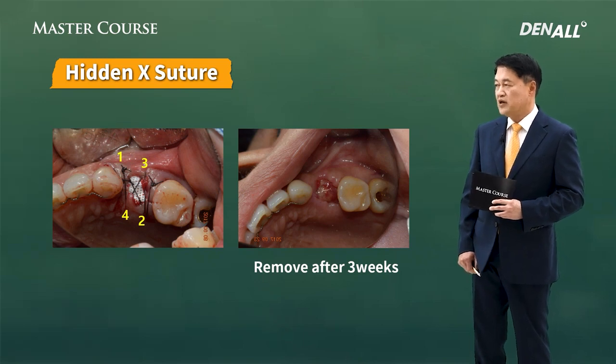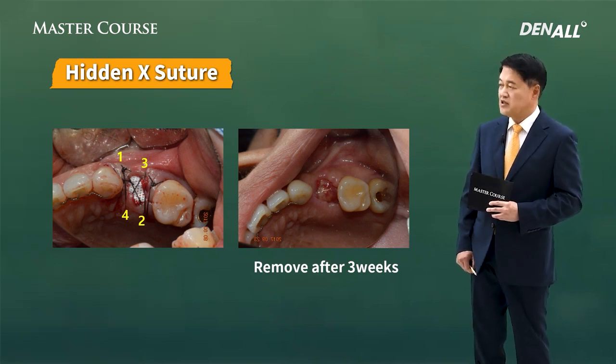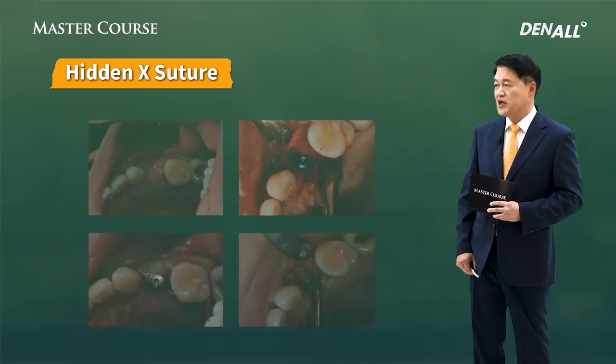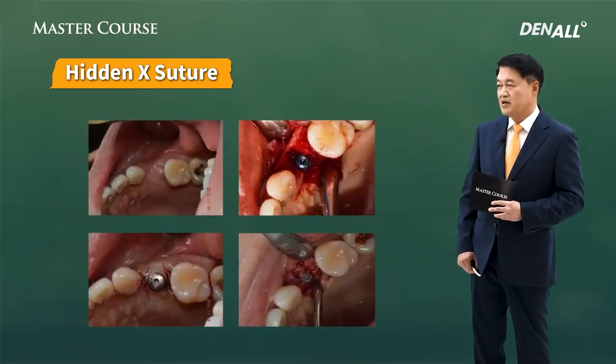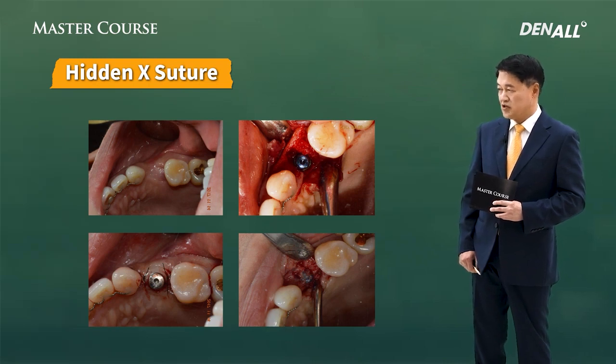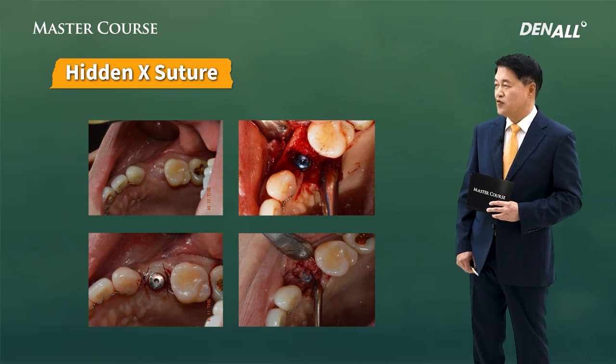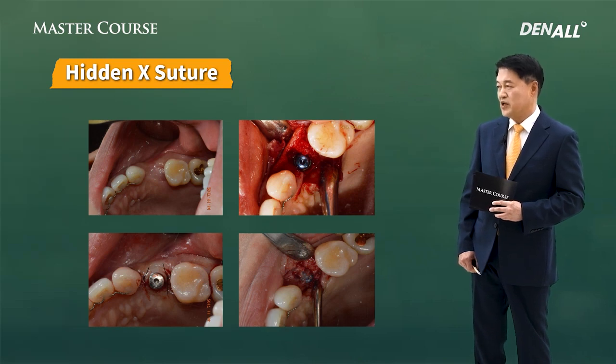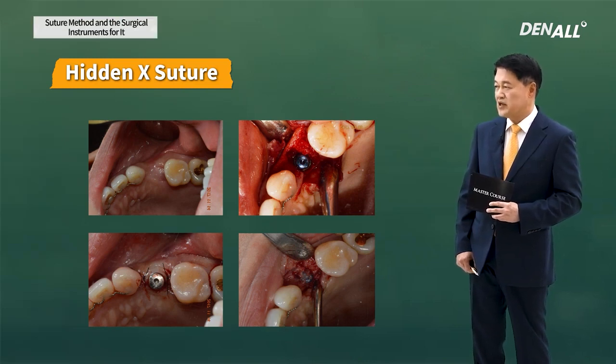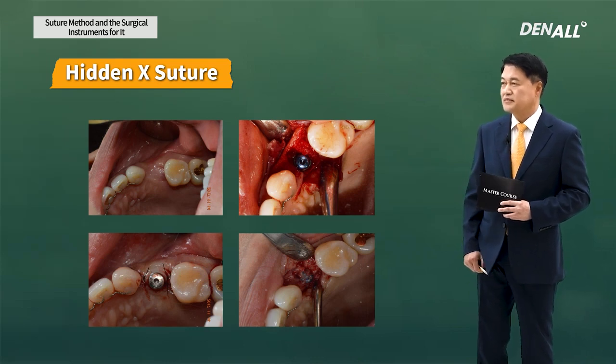And then after 3 weeks, the cytoplast was removed, and you see it has healed very cleanly. And then at the second surgery, you see the bone grafting has been very successful. And you dress, and then you check that the GBR you wanted has been performed.